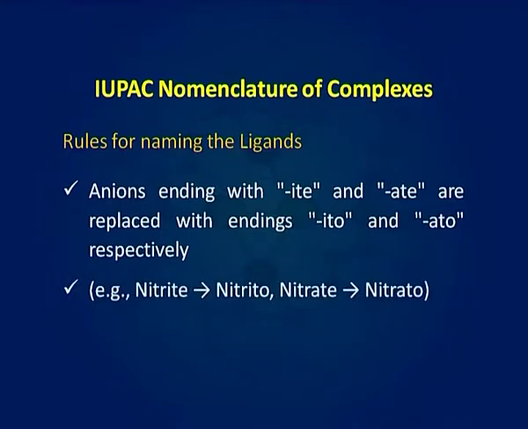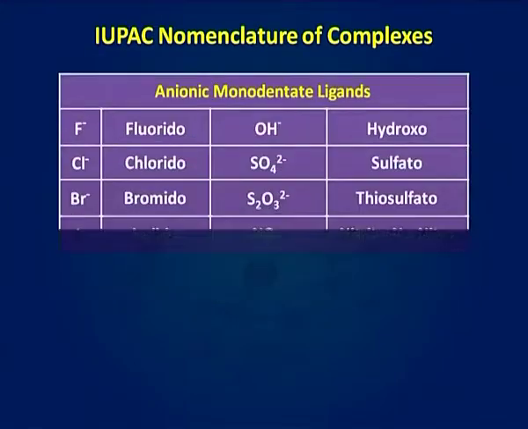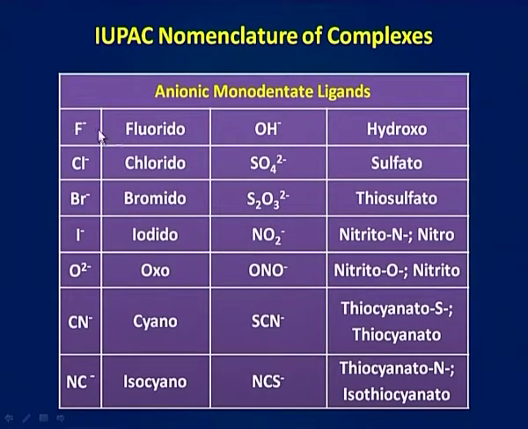For example, nitrite will be named as nitrito and nitrate will be named as nitrato. Here you can see various ligands with their names which are used for naming coordination complexes.